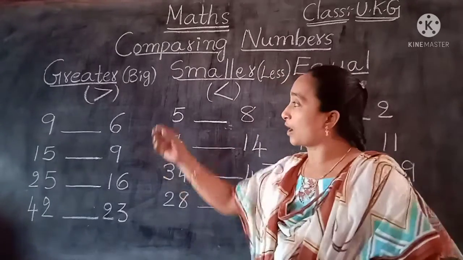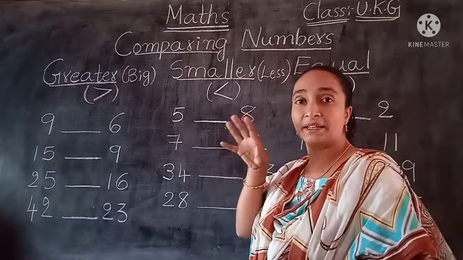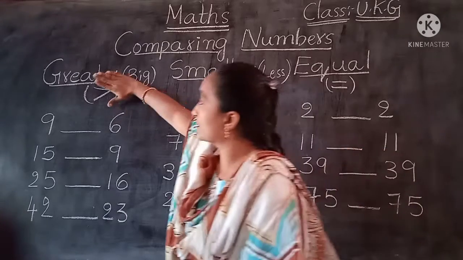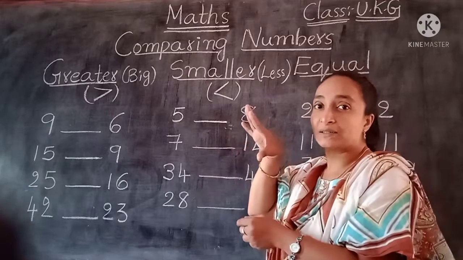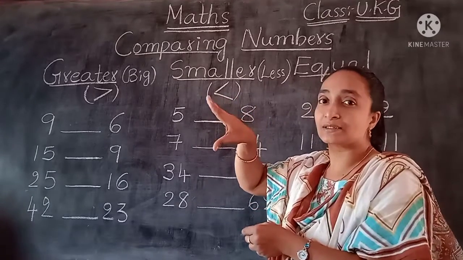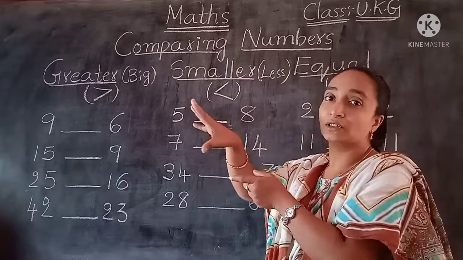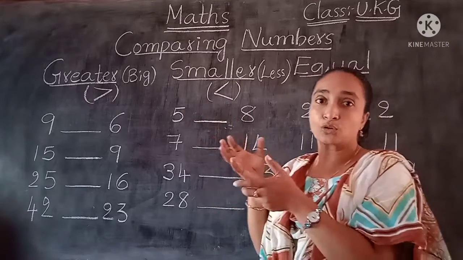Did you notice, children, the shape of the symbol? It is like a crocodile that has opened its mouth. One big crocodile, when it opens its mouth, looks like this symbol. Very long, very big mouth. Have you seen a crocodile?